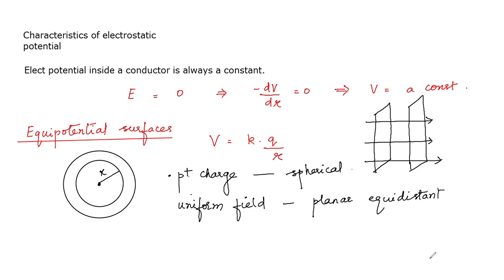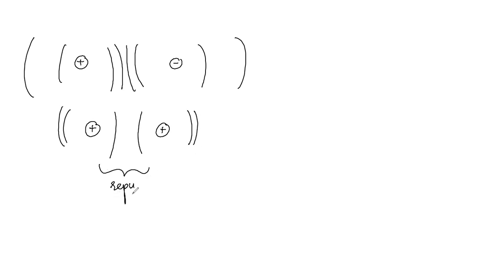And for dipoles or dual charges, for example, I have a positive and a negative charge, then the equipotential surfaces are going to be denser in between and rarer further away. Whereas if it is going to be like charges, they are going to be rarer in between and denser further away. So this shows repulsive field and this shows attractive field, and they are going to be ellipsoids and not spheres.